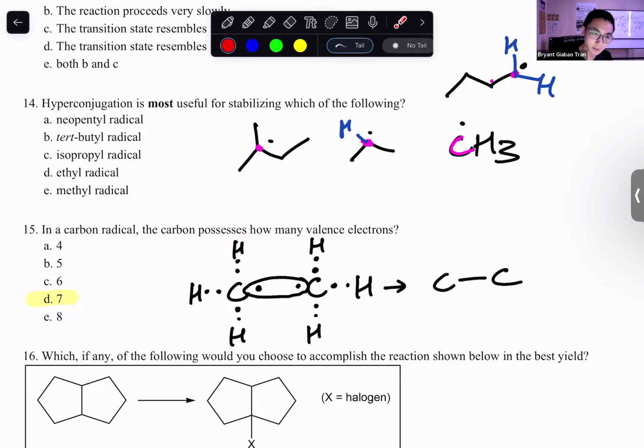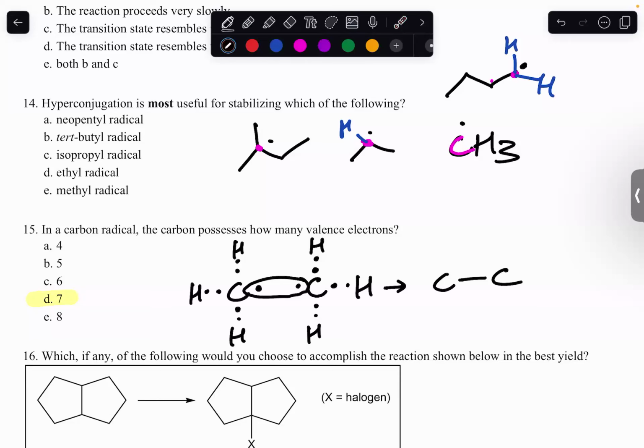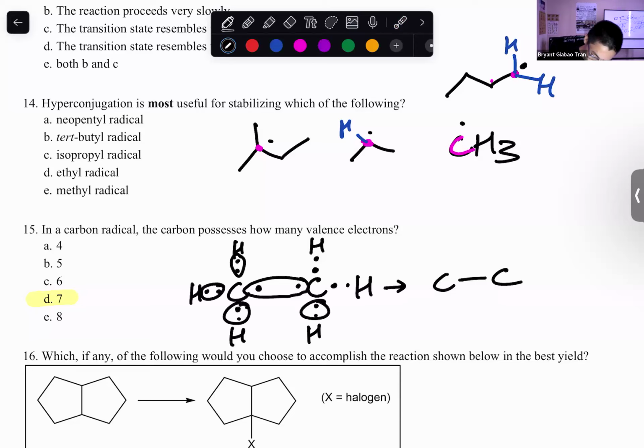How many more electrons does it need to fulfill its outermost shell? 1, right? So it only wants 1 bond to fulfill that outermost shell. So the octet rule is for most atoms except hydrogen, right? You could think of hydrogen as the duet rule or duo rule, something like that, right?